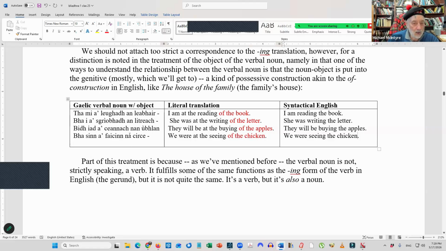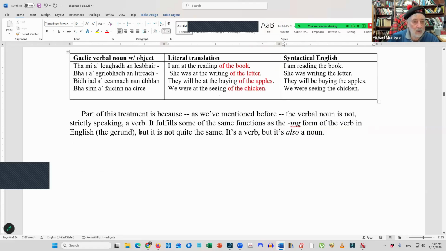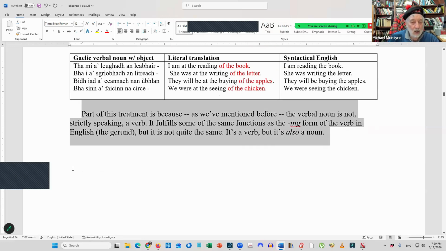A little nerdy notation here: the verbal noun is not strictly speaking a verb. It fulfills some of the same functions as the -ing form, but it's not quite the same. It's a verb, but it's also a noun.